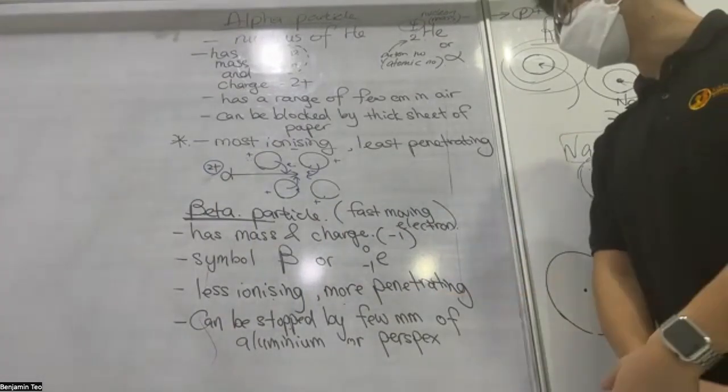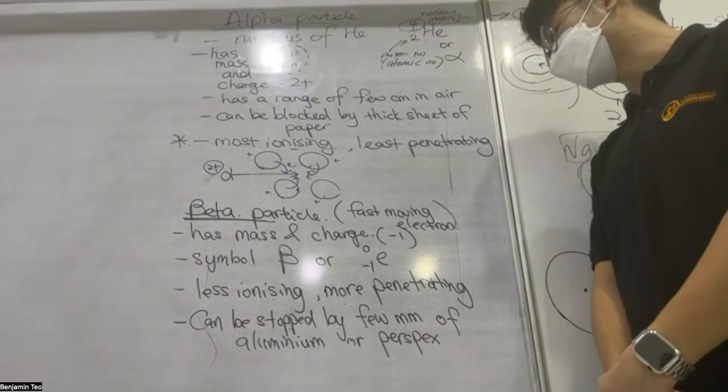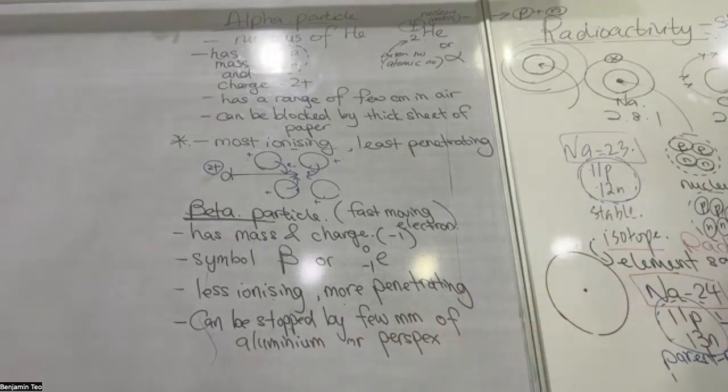You can stop beta by using aluminium and perspex. Its range is more than alpha, a few meters.